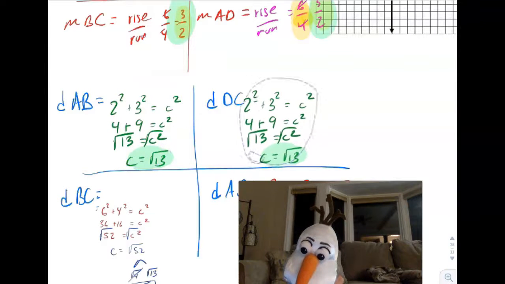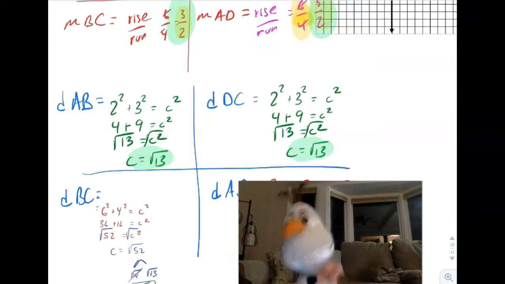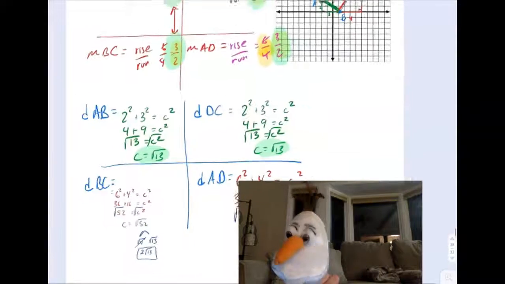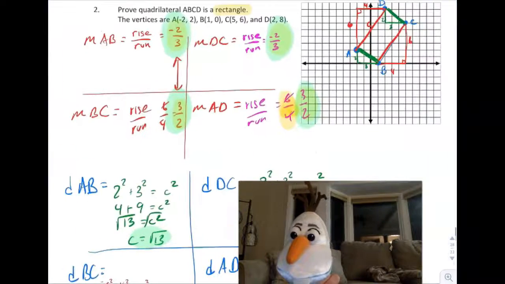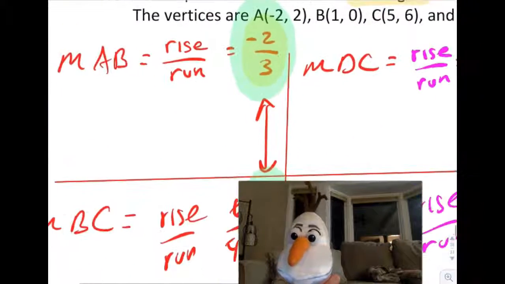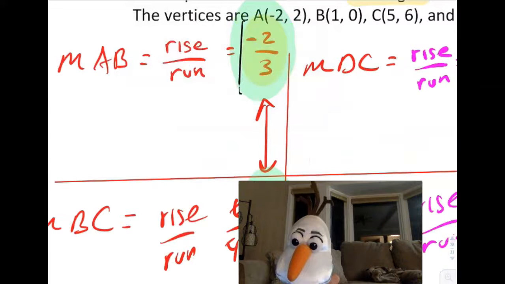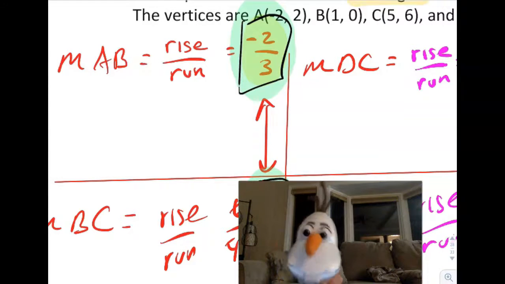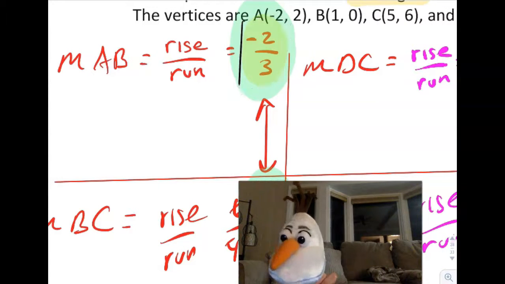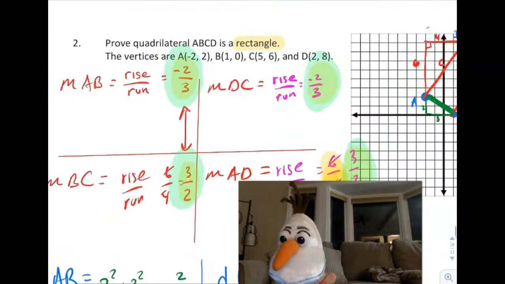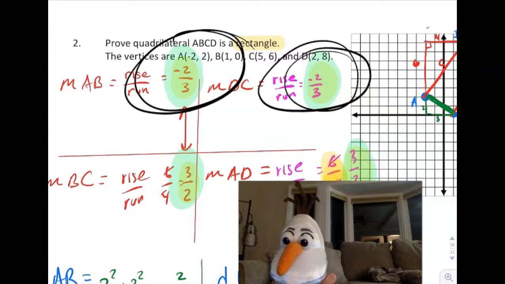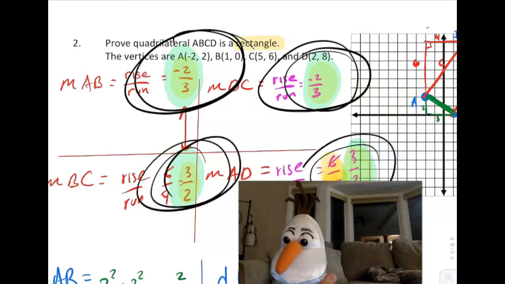So now we have done all the work we need to do, probably more than we needed to do. We found that we had right angles because we had negative reciprocals. We found out that we had two sides that were parallel, another two sides that were parallel.